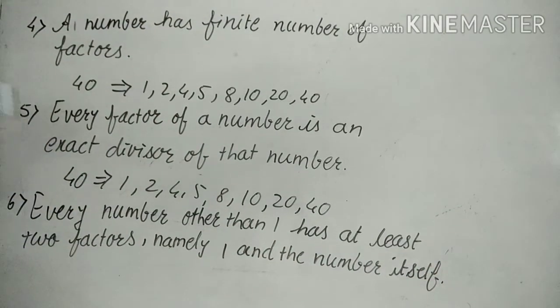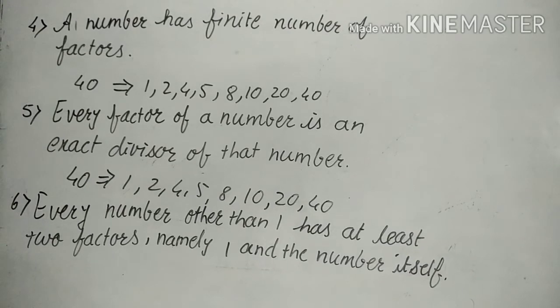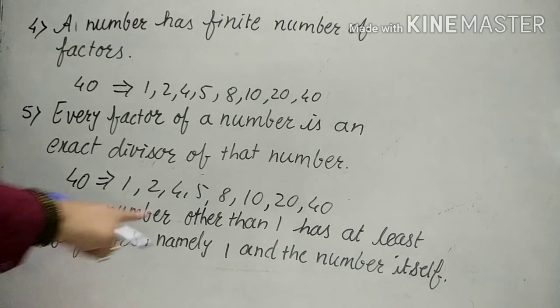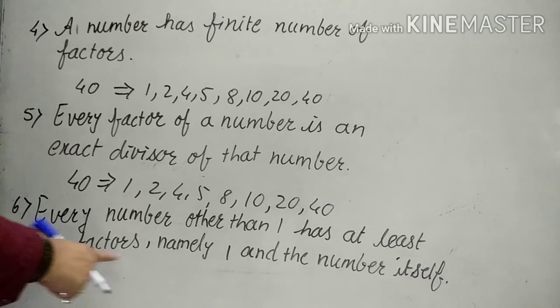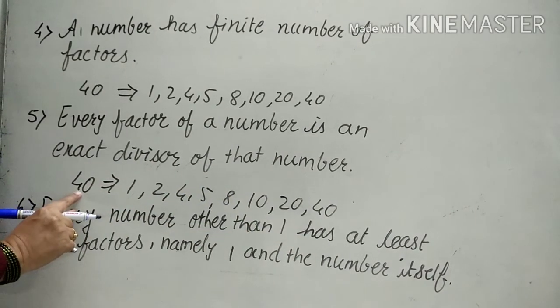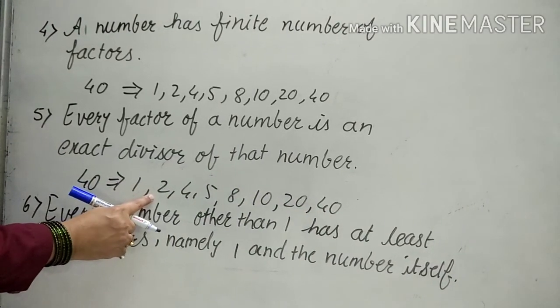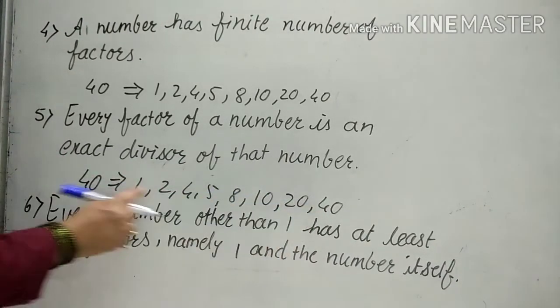See here, what is property 6? Every number other than 1 has at least 2 factors, namely 1 and the number itself. See here, 40 is having the factors 1 and 40 and other factors are also there. So at least 2 factors are there, 40 and 1.